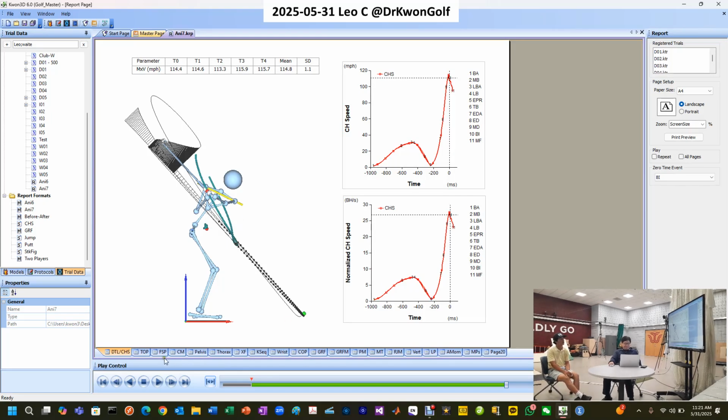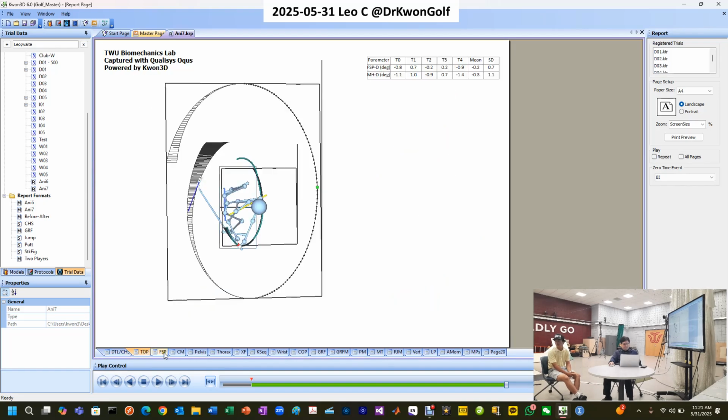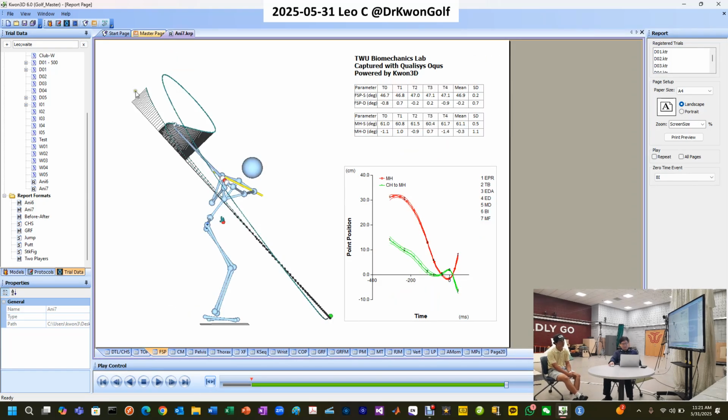So in this one here, obviously his club head speed is above the men's average here. But along the swing plane here, you will see that there's a good looping motion here. And then on the way down, the swing plane is passing through the midsection of the trunk here.